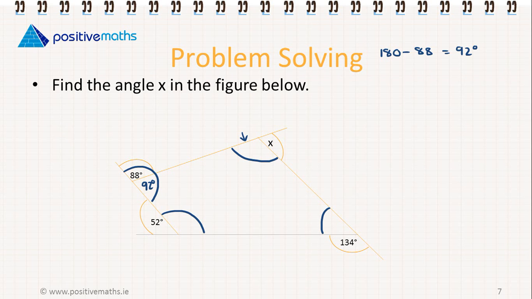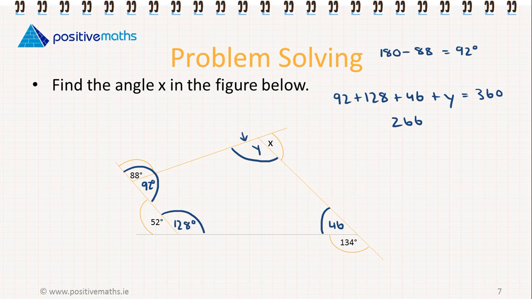So 180 minus 52 gives us 128, and 180 minus 134 gives us 46. We know that all of the angles in a quadrilateral must add up to give us 360. I'm going to call this angle here y. So we know 92 plus 128 plus 46 plus y is equal to 360.